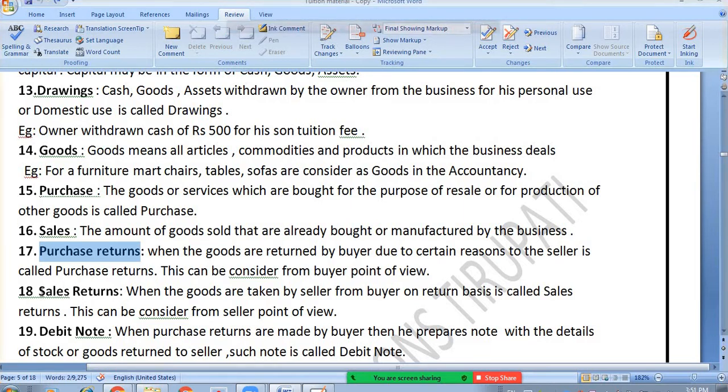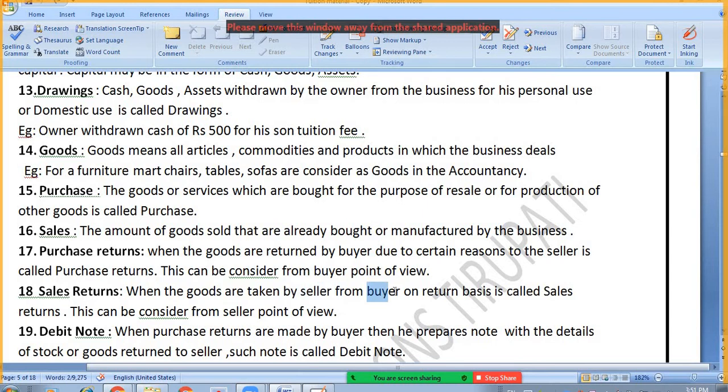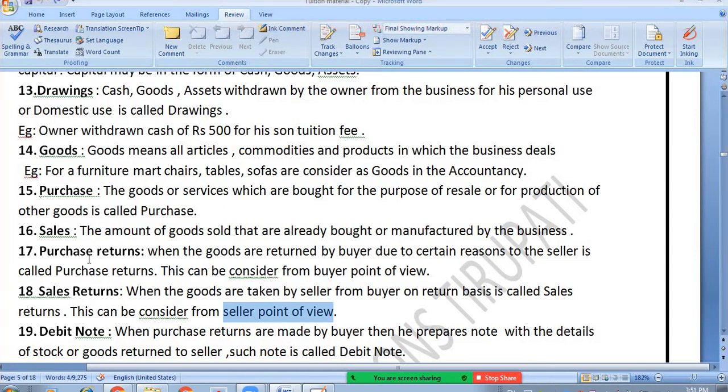Next one, sales returns. When the goods are taken by the seller from the buyer on return basis, it is called sales returns. This is considered from the seller's point of view. Whatever goods are returned by the buyer, from the buyer's point of view it is purchase returns, but from the seller's point of view it is a sales return.